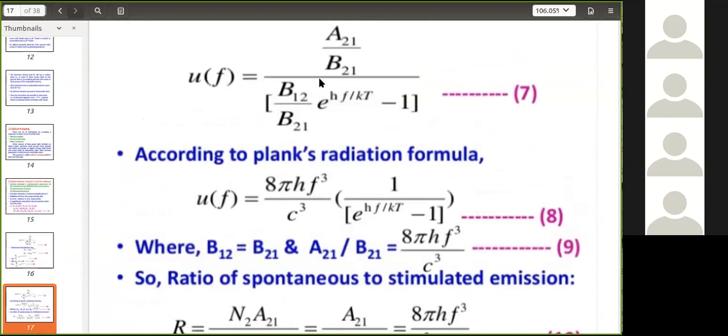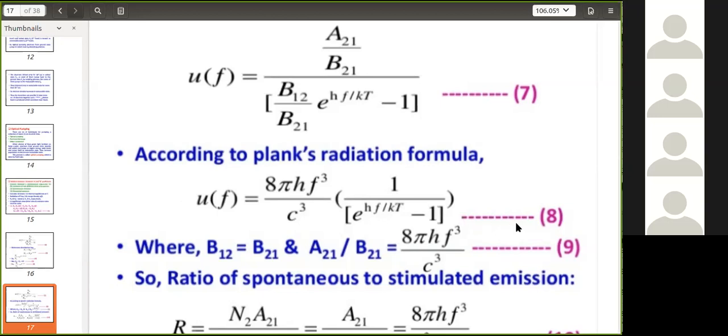Now we will compare this equation with Planck's radiation formula. प्लैंक्स रेडिएशन फॉर्मूला तुम लोगों ने ऑलरेडी क्वांटम मैकेनिक्स में पढ़ा है, जहां से हमें मिलता है कि the energy density for a frequency f, UF is given by 8 pi h f cube by c cube, 1 by e to the power hf by kt minus 1.